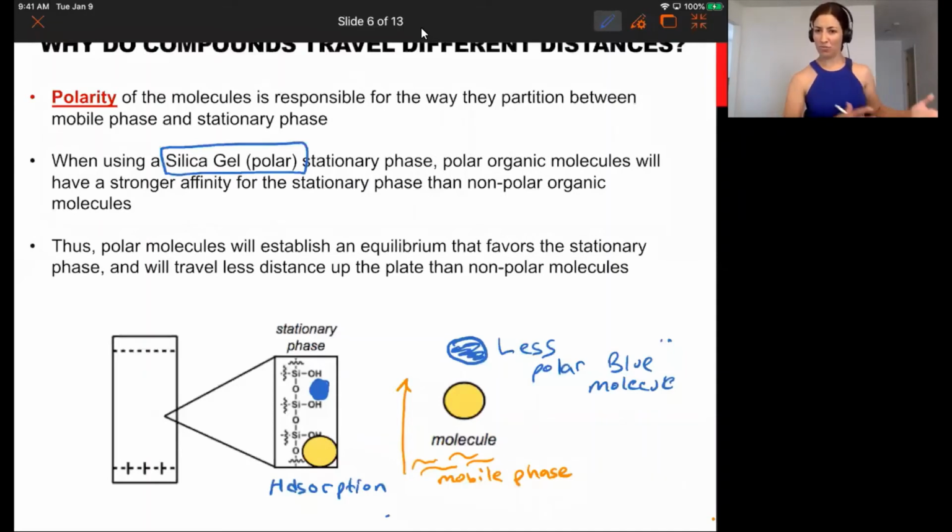Neither molecule probably goes completely off of the plate and just rides with the solvent. There is a continuing process of sticking onto the plate, hopping off and traveling with the mobile phase, sticking back onto the plate, hopping off. So the less polar molecule hops off a lot more frequently, and thus it travels farther up the plate.